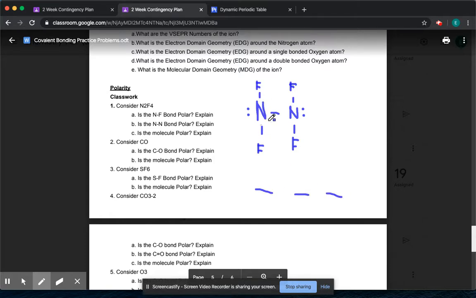This nitrogen has 3 bonds and one lone pair, so this would be 4. The second number is just bonds. We have 3. The last number is just lone pairs, and we have one. Again, these two numbers should add up to the first. So we have 4, 3, 1.